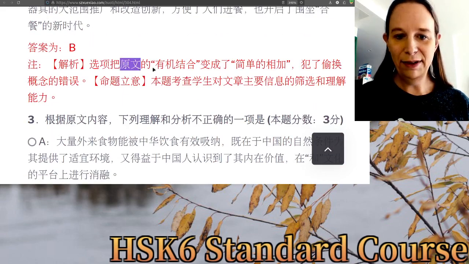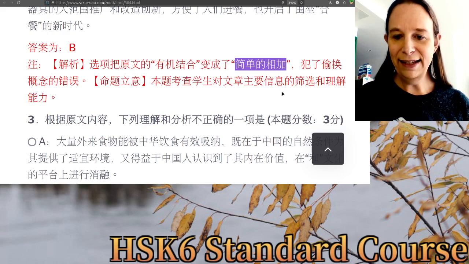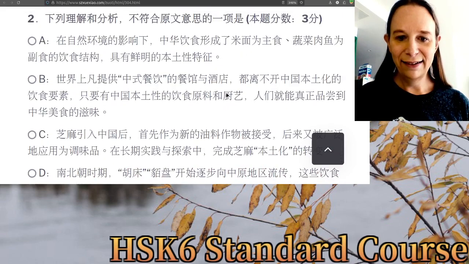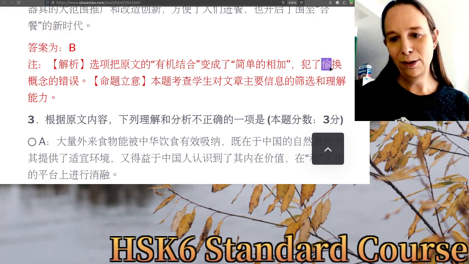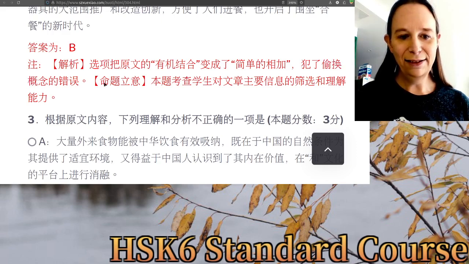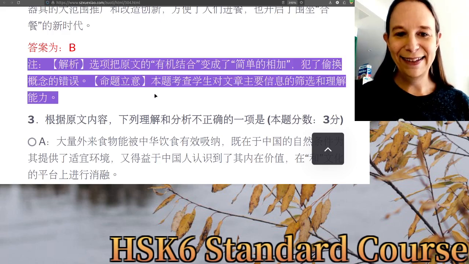OK, 原文的有机结合变成了简单的相加。OK, 犯了偷换概念的错误。What? I have no idea what this means.